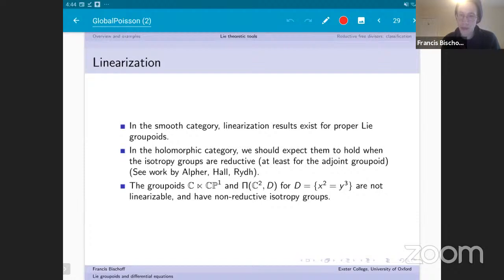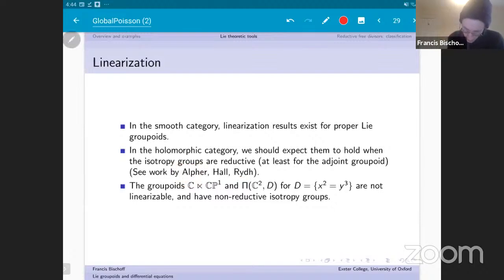We should expect them to hold maybe when the isotropy groups are reductive, at least for an adjoint form of the groupoid. There is some work by these authors, which I don't quite understand, but it seems to have a result like this in the algebraic category.